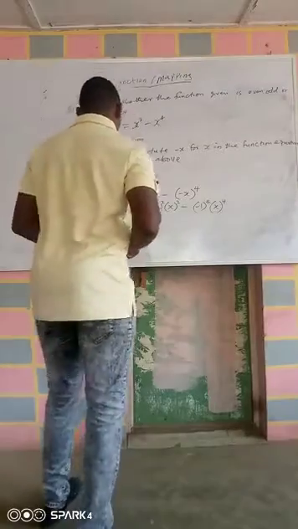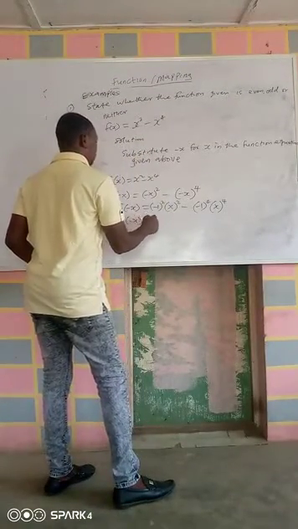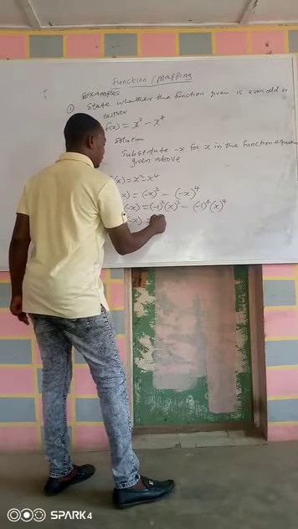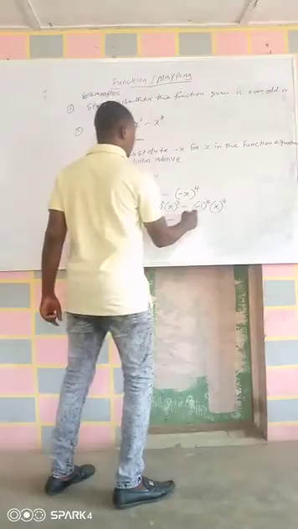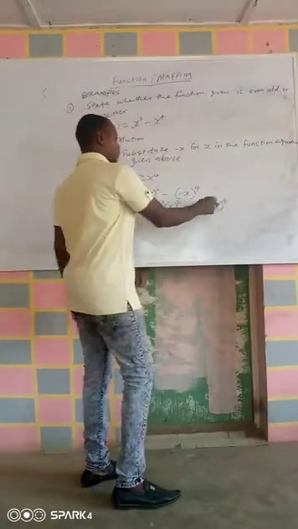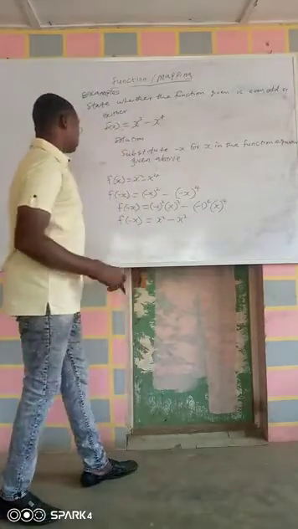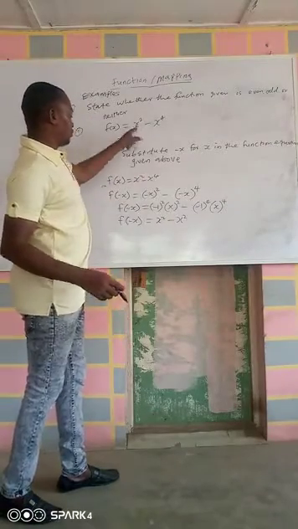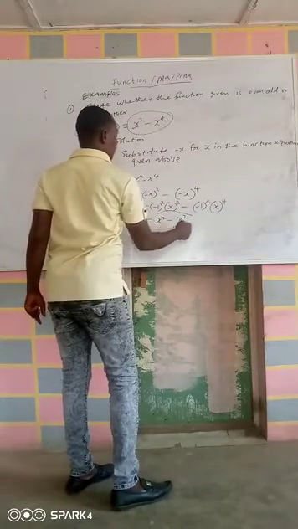So f of minus s equals, this one becomes plus 1 times s squared, we have our s squared, then minus, this one also becomes plus 1 times s squared. So you see that when we substitute minus s, we get back the original question. This is the original question, and this is the answer gotten.